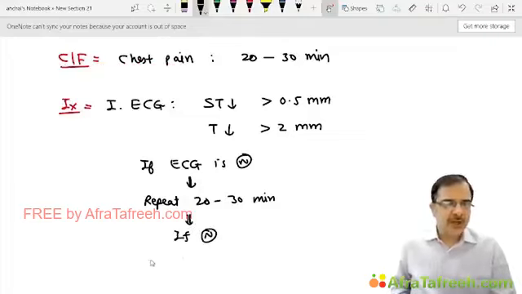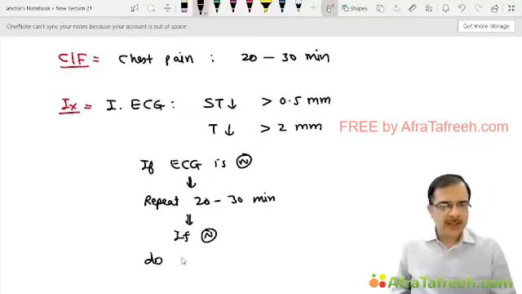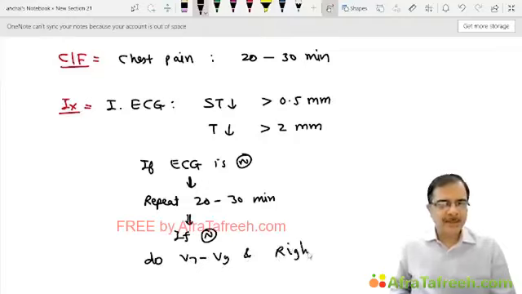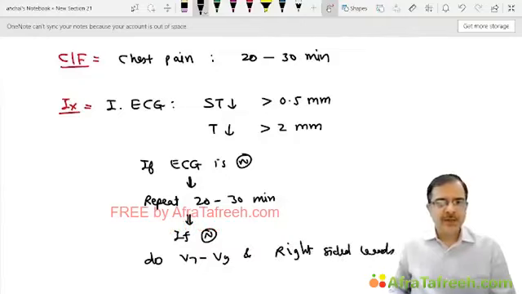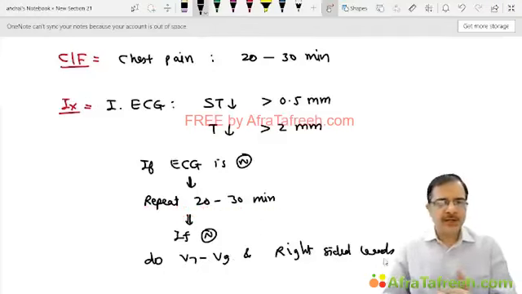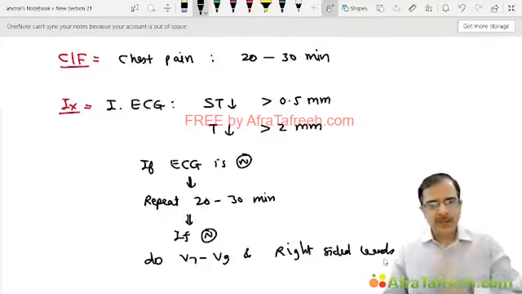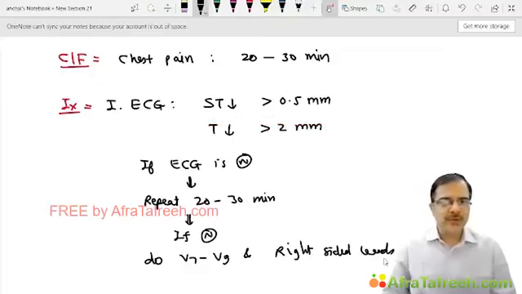And if it is still normal after 20 to 30 minutes, then you ask the technician to do leads V7 to V9 and right-sided leads ECG, because the posterior wall is not detectable in the standard leads.